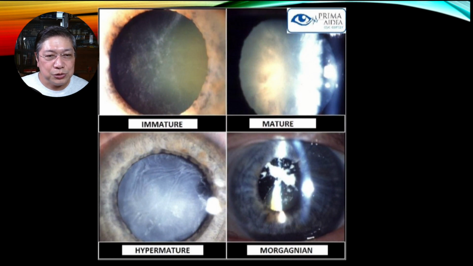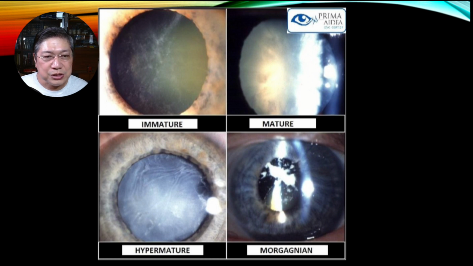Now, with the previous techniques in cataract surgery, it's very important for your doctor to wait until your cataract is mature or ripe before they do surgery, because ECCE, which was the dominant technique done at the time, or the ICCE, requires your cataract to be very hard for them to be able to easily remove it.